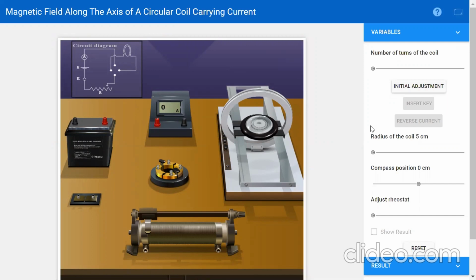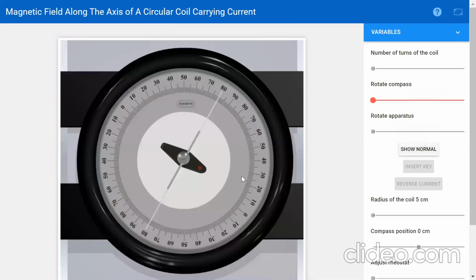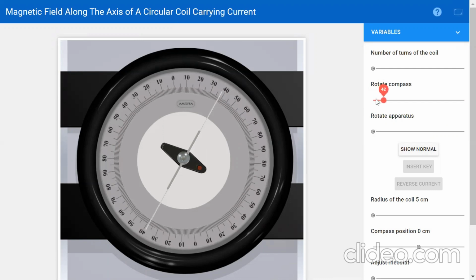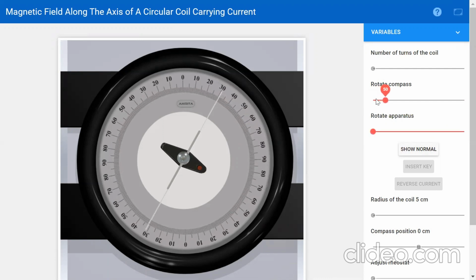First, do the initial adjustment: make the axis of the current-carrying coil lie along the 90-90 line of the compass. Now the line joining 90-90 is parallel to the axis of the coil.